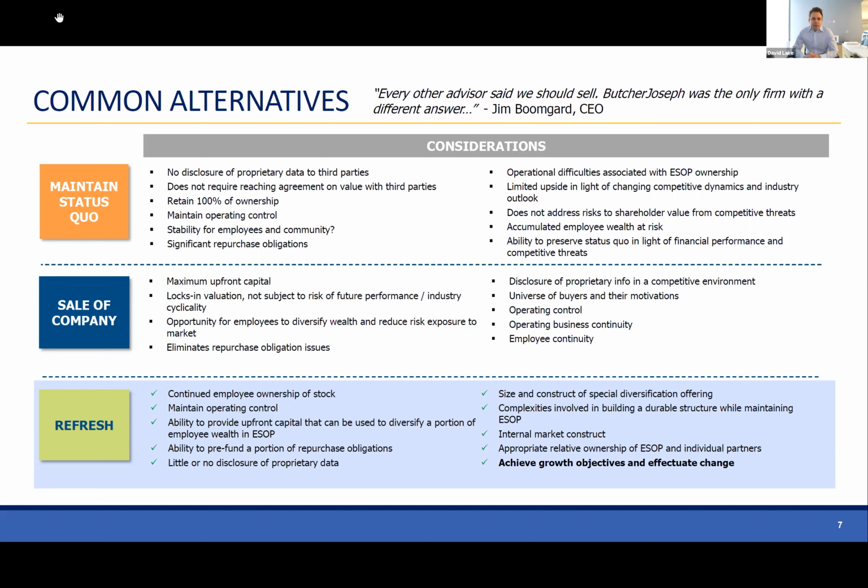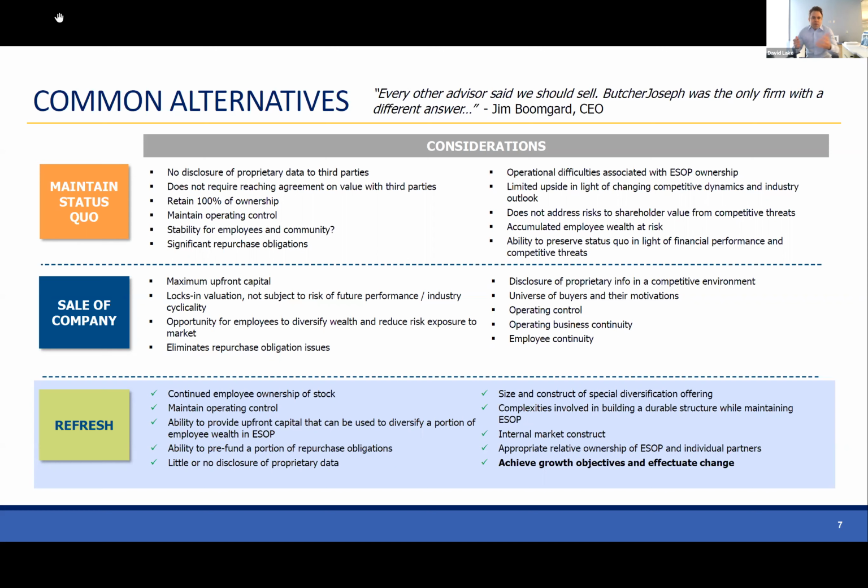You can see some of the benefits of the refresh, like we're talking about. To the extent the ESOP is working, which they typically tend to do, that continues obviously in full force. You maintain operating control. We'll get to some of the flavors, but a lot of times as part of a refresh, we'll raise some capital. So we'll talk to a lender, usually a friendly party, a senior bank or a community bank, and get them to provide some capital for whatever the purpose, and more on that later.